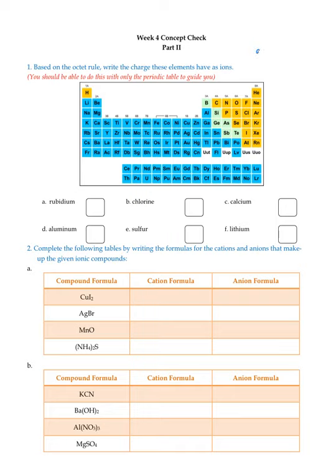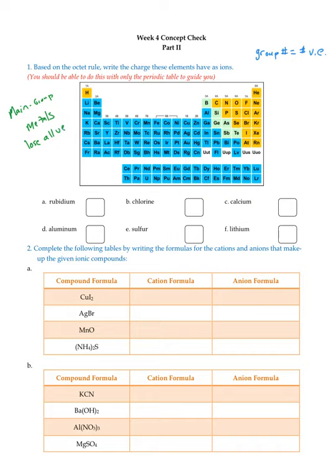One of the facts that we're going to rely on quite often, again, is that group number is equal to the number of valence electrons. Now, a couple other things to keep in mind, right? We know that metals, which are located on the left side of the periodic table, and keep in mind we're talking about the main group, will lose all of their valence electrons.